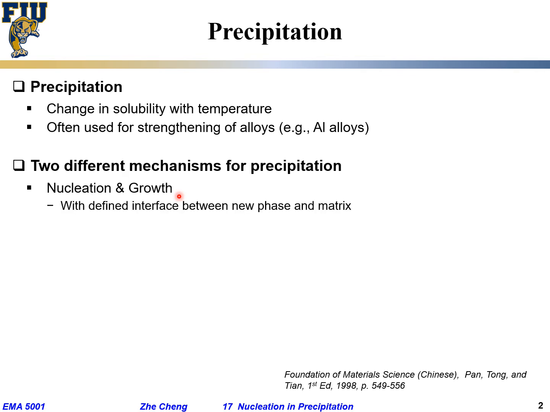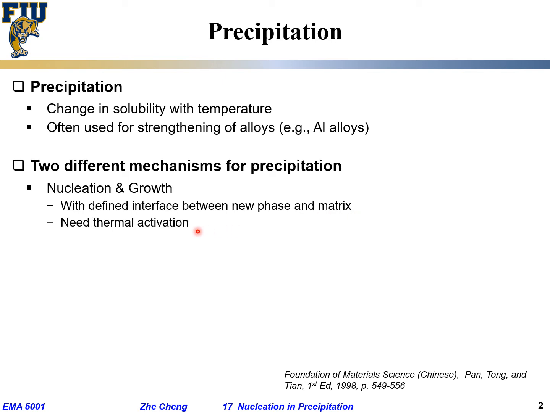In this process, it often involves a defined interface between the two phases, the new precipitate phase and the matrix or the host material. This interface arises quite often due to change in lattice parameter and composition, or even the crystal structure between the new phase and the matrix phase.